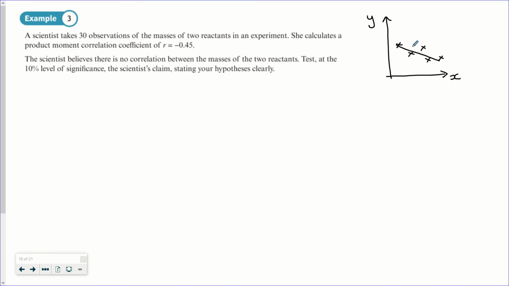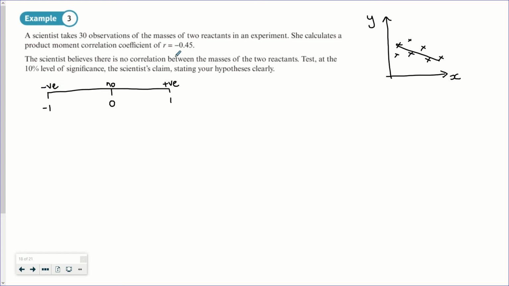So there's a weak correlation. Let's draw out the scale of correlation coefficient. So in the middle is 0, where there would be no correlation, and on the right we'd have a strong positive correlation, and on the left we'd have a strong negative correlation.